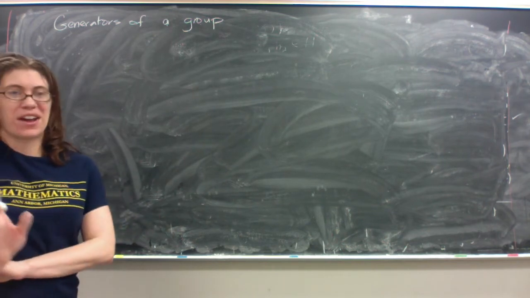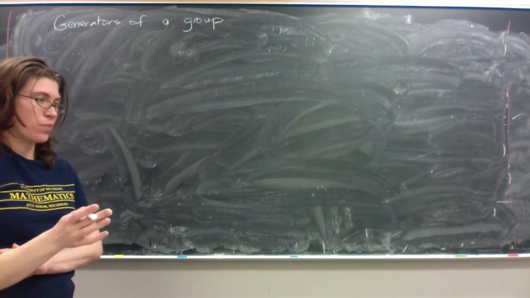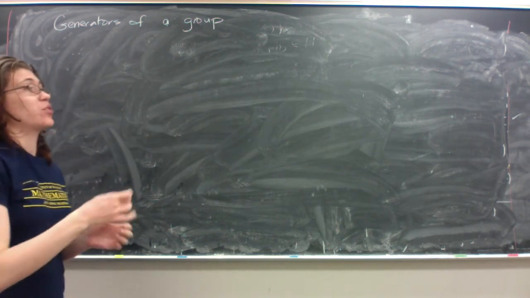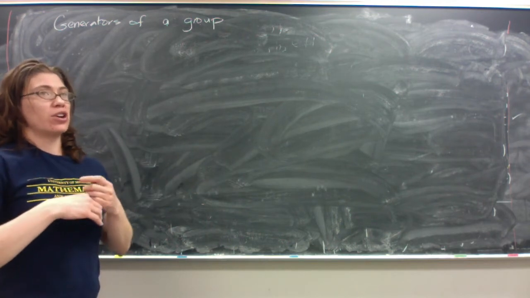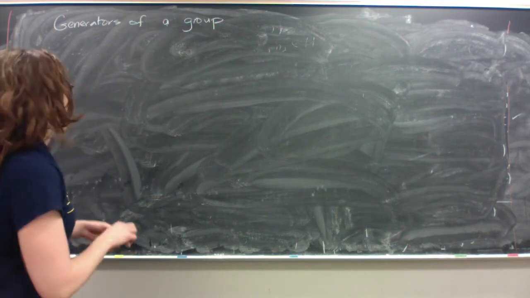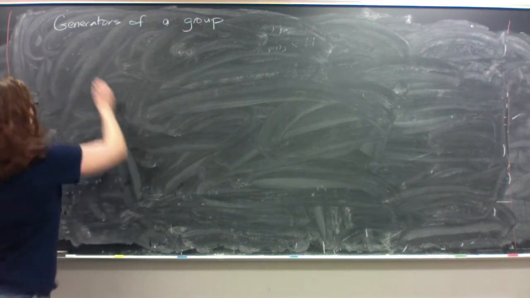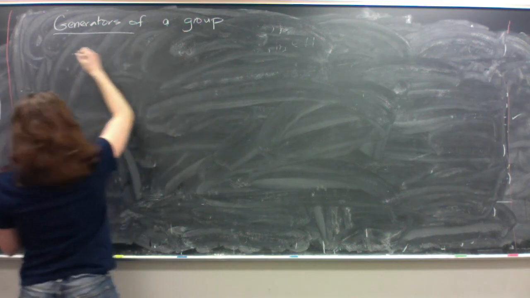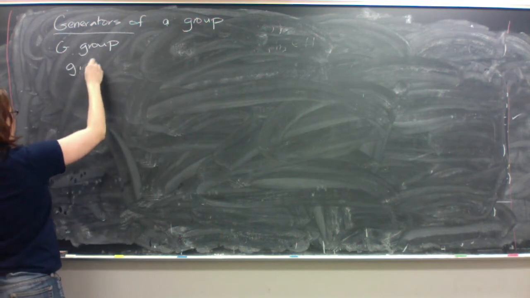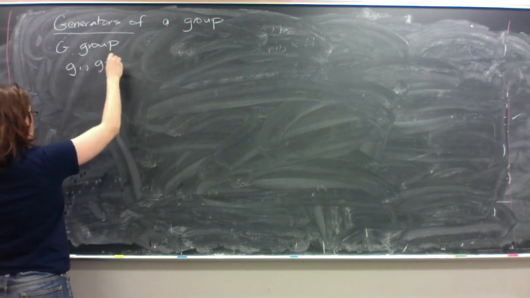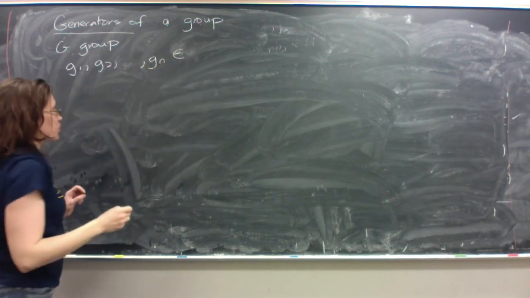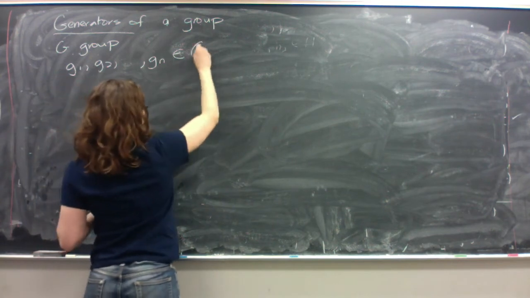Actually, a better analog is a spanning set from linear algebra, where a spanning set was a set of vectors that you could take linear combinations of to obtain any vector in your vector space. Likewise, the generators of a group are a subset, possibly infinite, but let's, for our own sake, assume that it's finite.